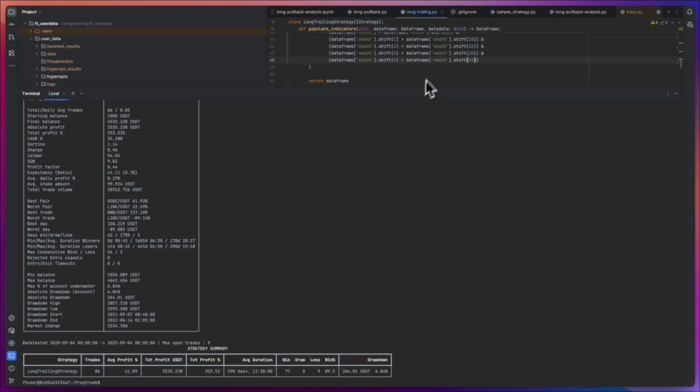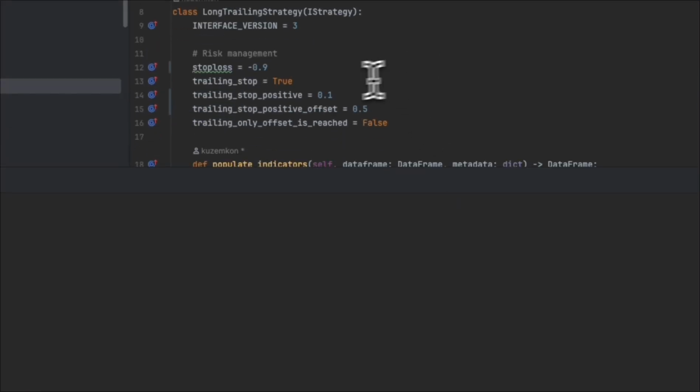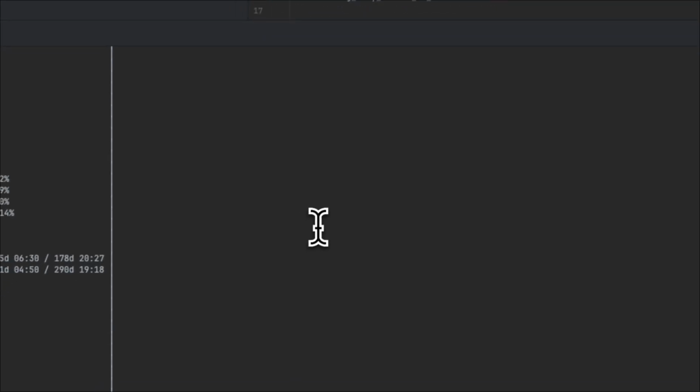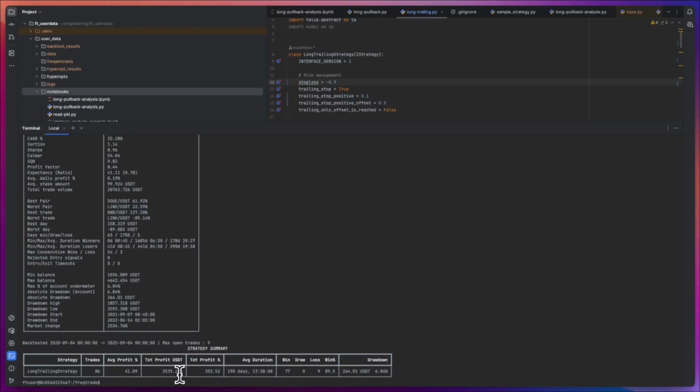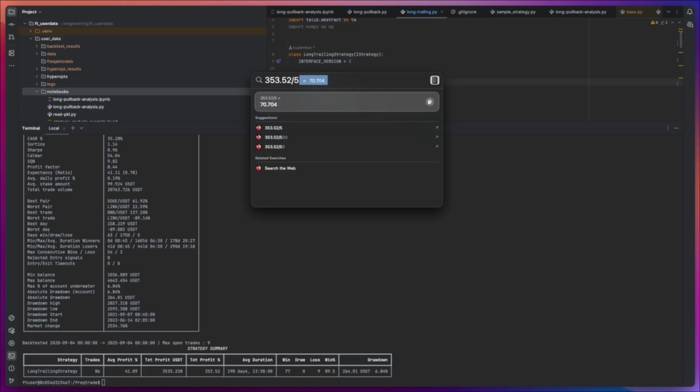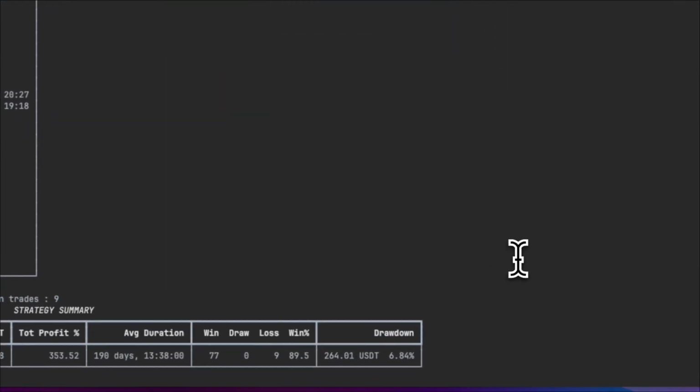As far as we neglected the stop loss, we allowed the price to drop, but eventually we achieved good profit. I mean, for 5 years, it's 70% per year, which is really good. And I love the winning ratio of this strategy, because only few of them have lost.